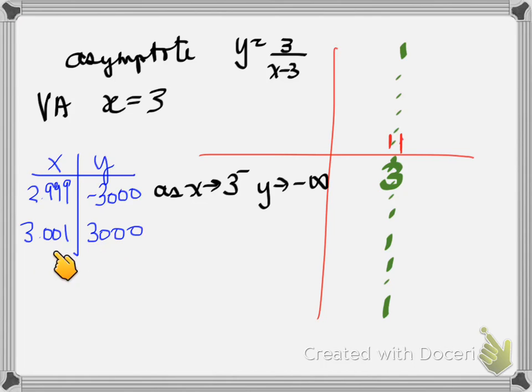We then do it again for this one. What does this say? Well, as x approaches 3 from the positive side, so from the right side, y approaches positive infinity. That is the description of the behavior around the asymptotes.